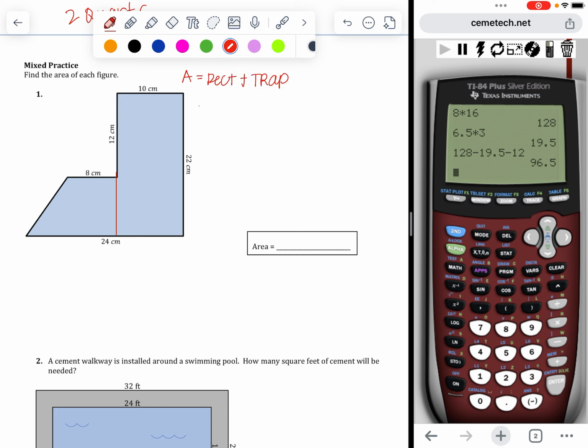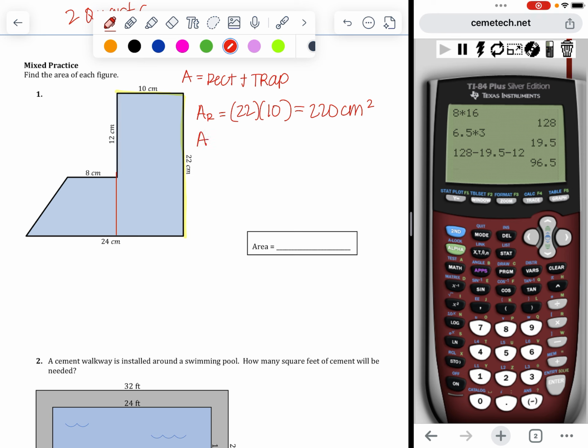Okay, so I'm going to start with the area of the rectangle, which is base times height. All right, so I'm looking for perpendicular pieces. This is 22 and this is 10. So 22 times 10, and the area of that rectangle is 220 centimeters squared.